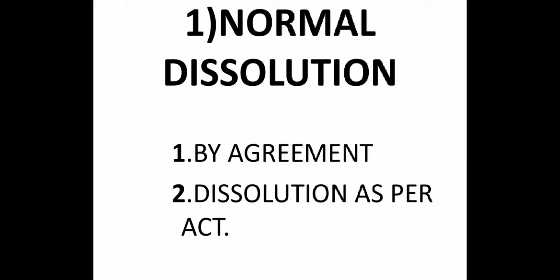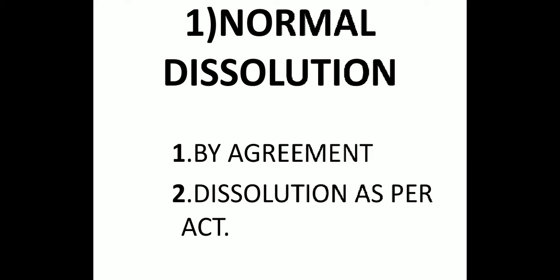There are two conditions under dissolution as per act, of which the first is when all partners of the firm become insolvent, or except one, all partners become insolvent. Whenever this situation arises, the firm is dissolved. Now, what does the word insolvent mean?